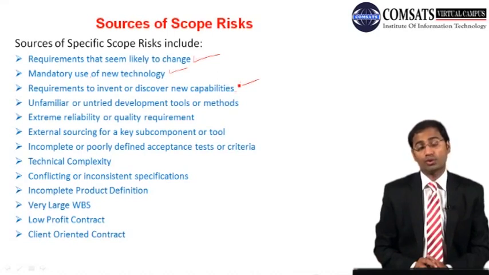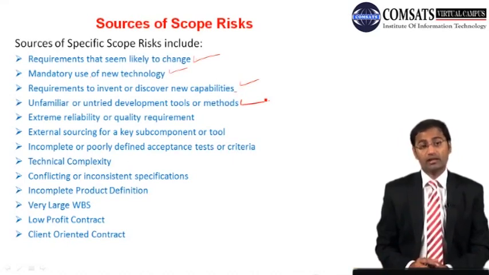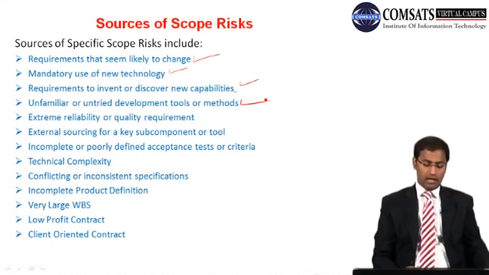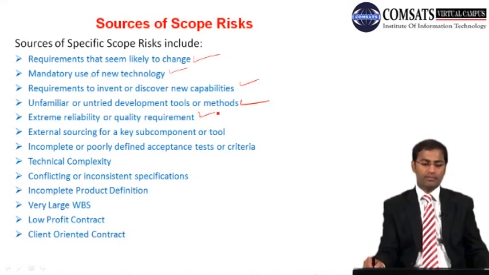You are not sure of those laser guided cranes and lifts, but you have to use those tools. So that is also a source of scope risk. Extreme reliability or quality requirements can also make your project a bit risky. By that time your acceptance criteria will be very harsh, and you will find it very difficult to get things approved as far as quality standards are concerned. So that will make your project a bit risky.